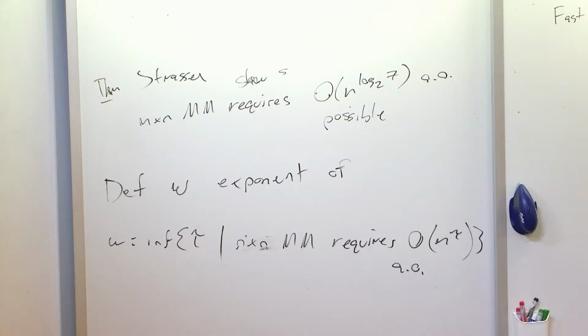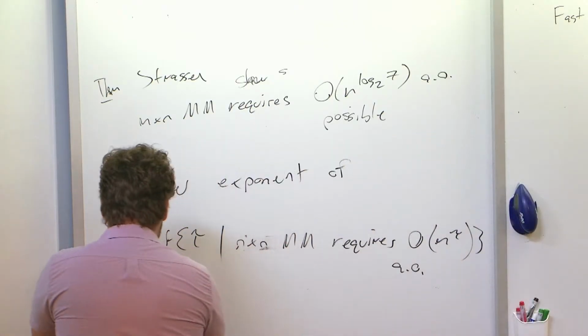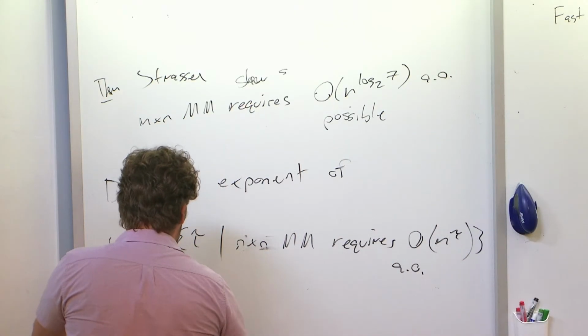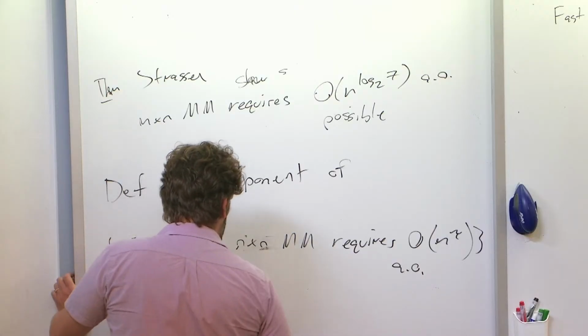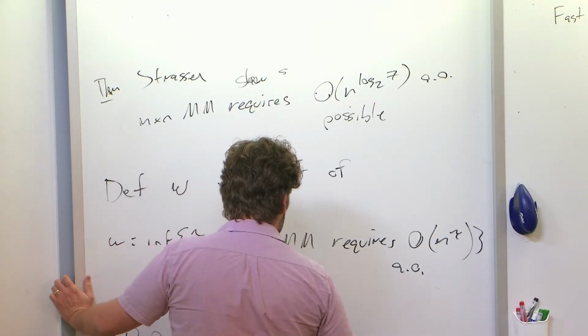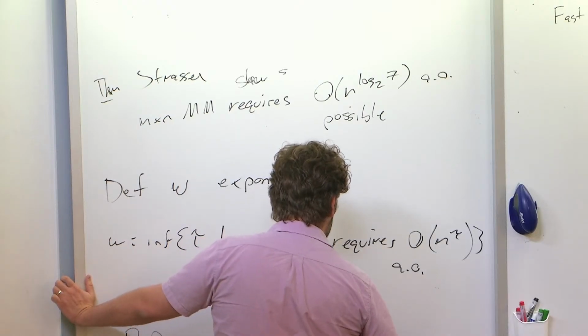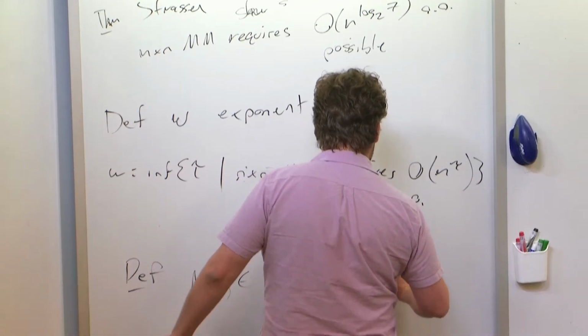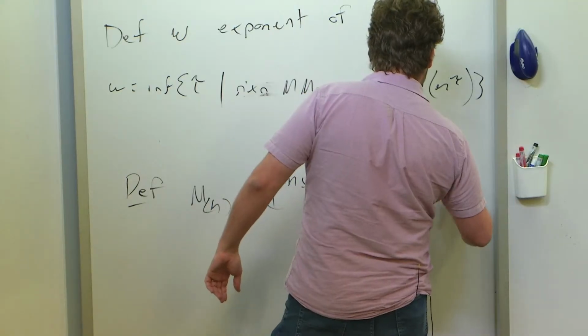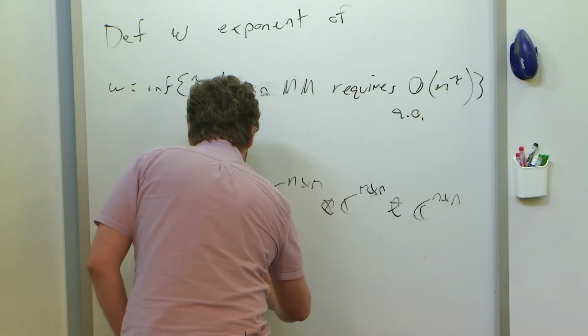But Strassen again tells us that this problem of circuit complexity really is, in disguise, a tensor decomposition problem. So I want to define the structure tensor of matrix multiplication, M_n, which I'll define in bases, in C^(n by n) tensor C^(n by n) tensor C^(n by n).